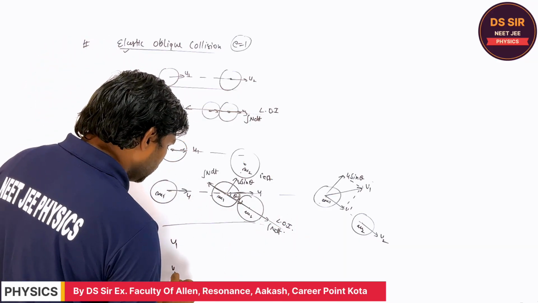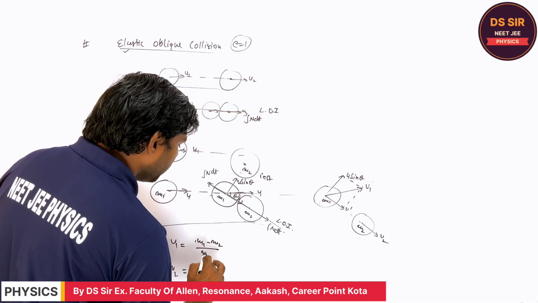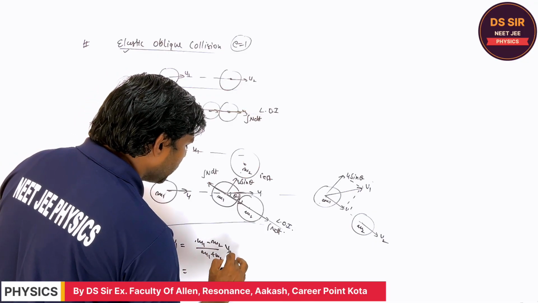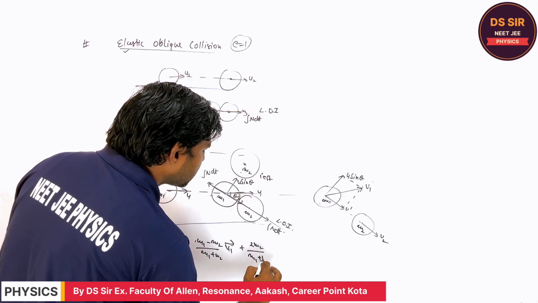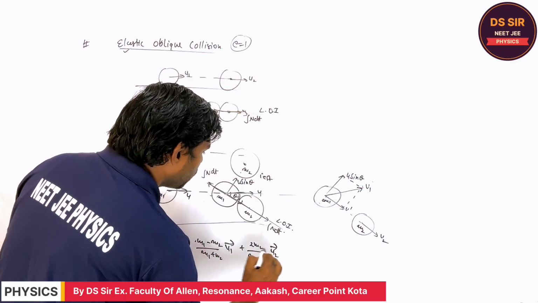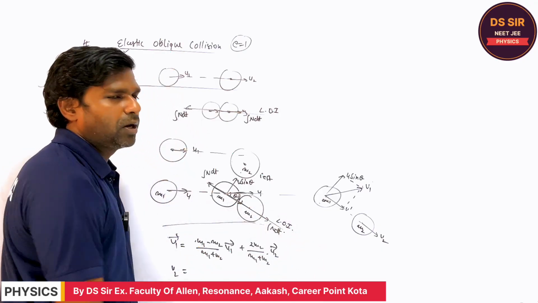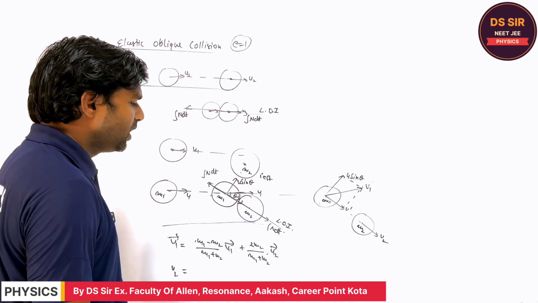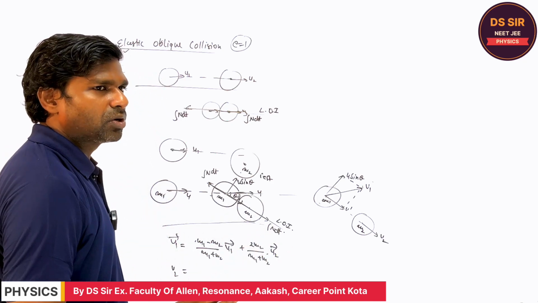Right, v1 and v2, what we have found: (m1 minus m2) upon (m1 plus m2) u1 vector plus 2m2 upon (m1 plus m2) u2 vector, in this way. Along the common normal, along the line of impact, we are going to apply this formula. Do you understand or not?